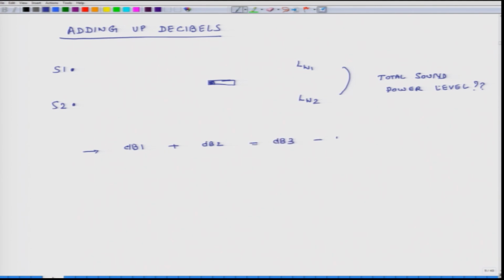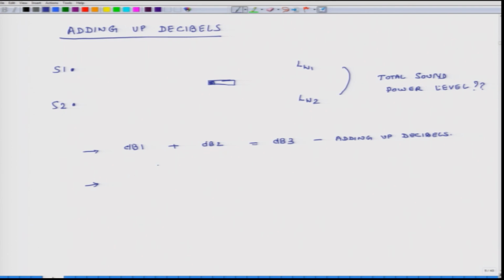So, in this case what we are doing is adding up decibels. This is one way to add it. First we will write what are several possibilities and see whether it makes sense or not. So, suppose in first case it is 100 decibels and dB2 is 20 decibels, I just add them up and I say oh, it is going to be 120 decibels. Is that correct or is that wrong? We will see it.